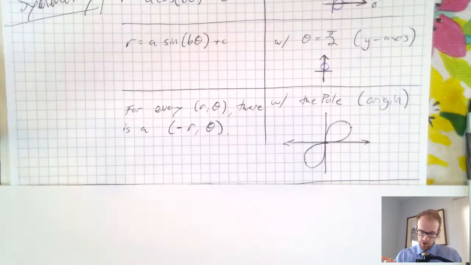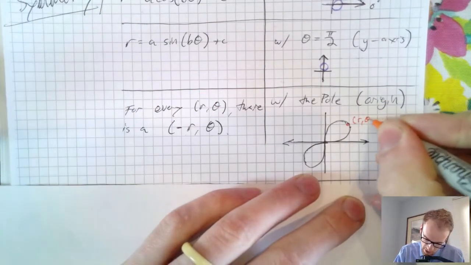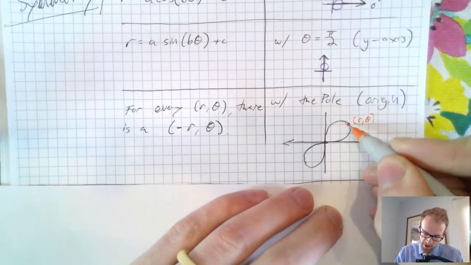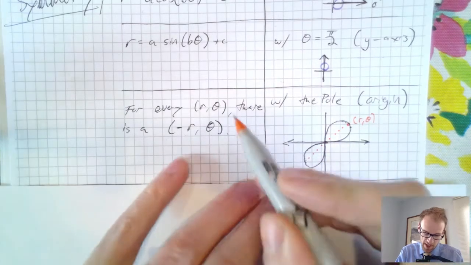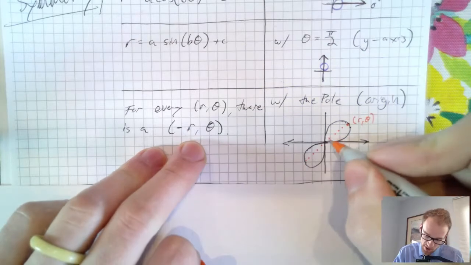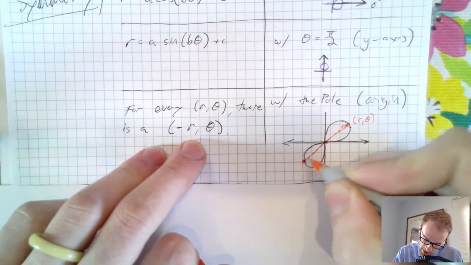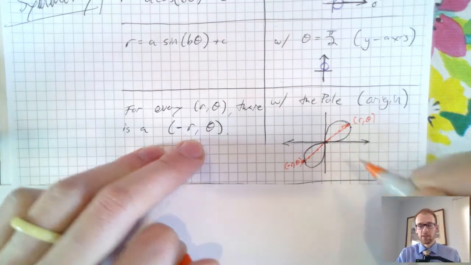So let's suppose this point right here is (r, theta). There is a point on my graph that is directly opposite, same theta, opposite r. So theta is the same, but now I have a negative radius. So there's my (negative r, theta), and it happens for every point on my graph.